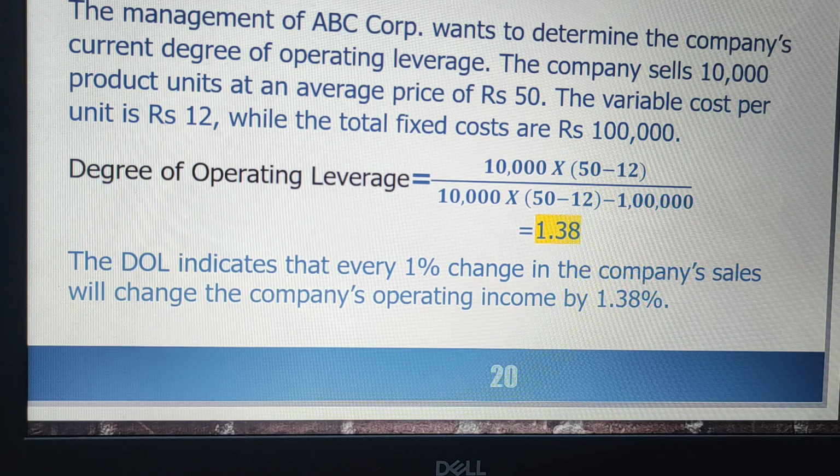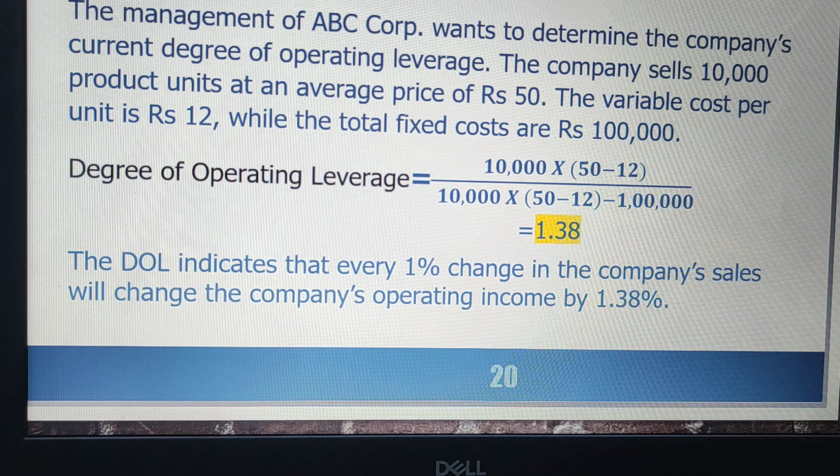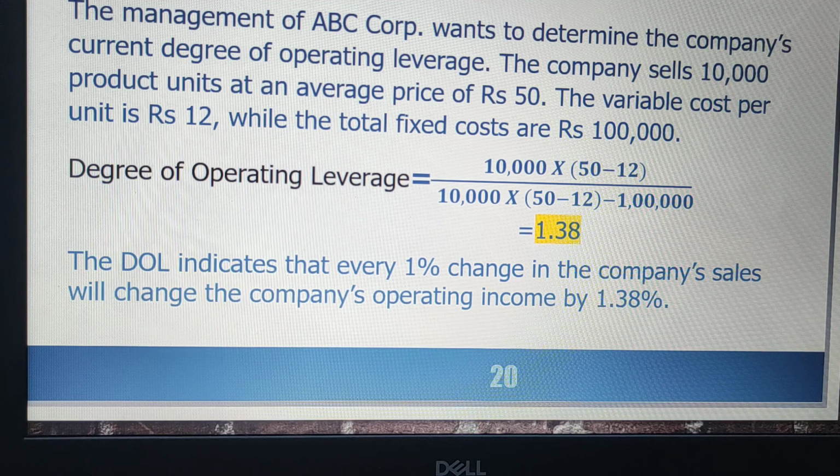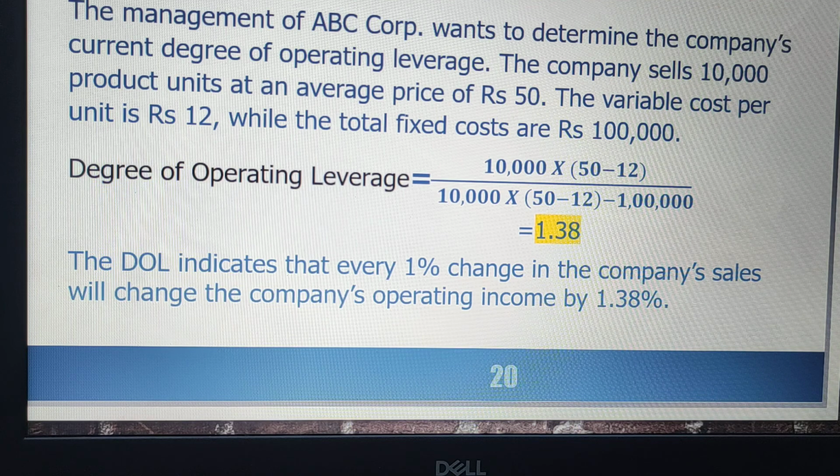The DOL in this case is 10,000 times (average price minus variable cost) upon 10,000 times (average price minus variable cost) minus fixed cost. It came out to be 1.38, and the DOL indicates that every 1% change in sales will change the company's operating income by 1.38%.